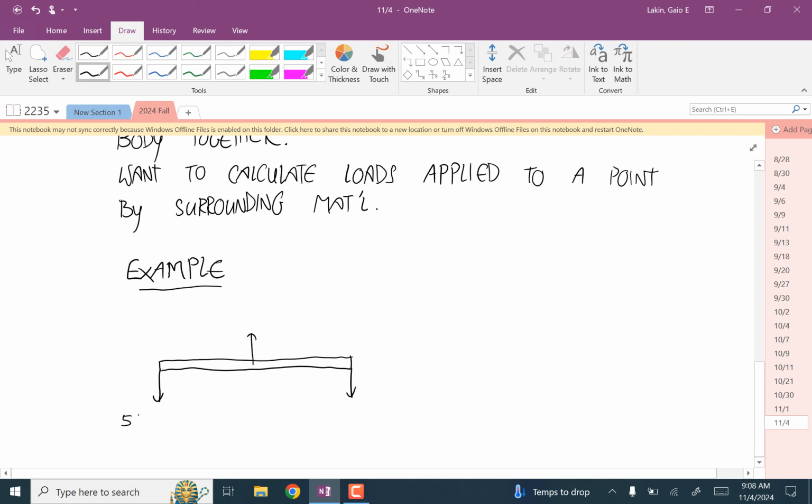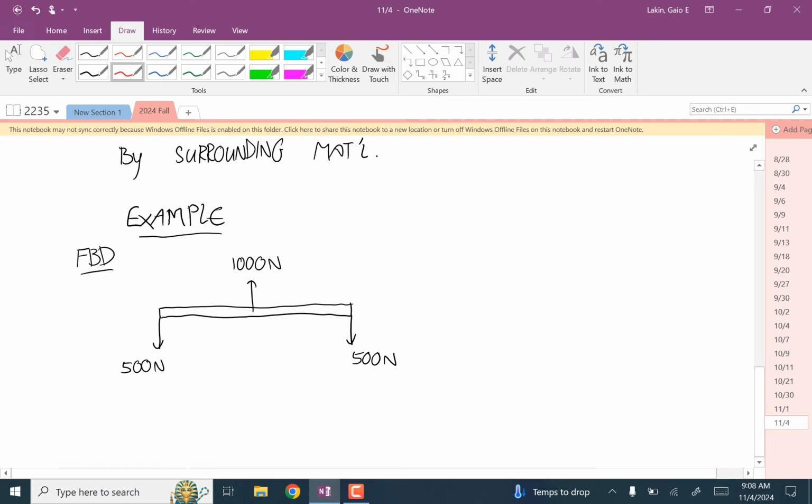And let's say there's 500 newtons down here, 500 down here, 1,000 here. So this is in equilibrium. And let's say that we want to calculate the internal loads here.